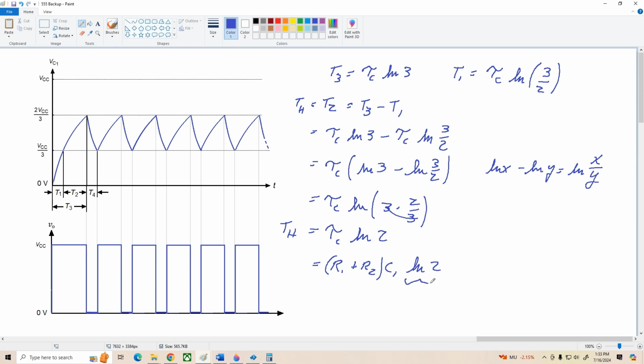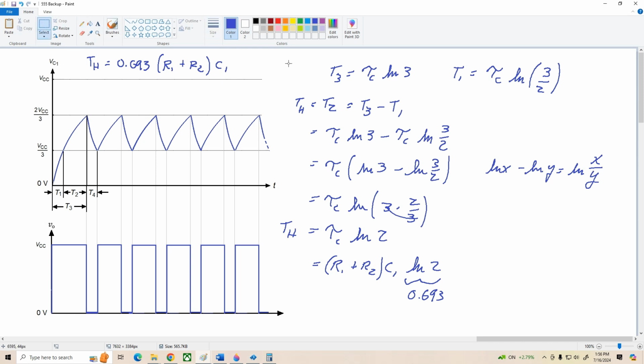Okay, this is 0.693. All right, now our next step is to determine T4. I'm going to clear off my workspace here, but first let me rewrite this equation up here as T sub H equals 0.693 times R1 plus R2 times C1.